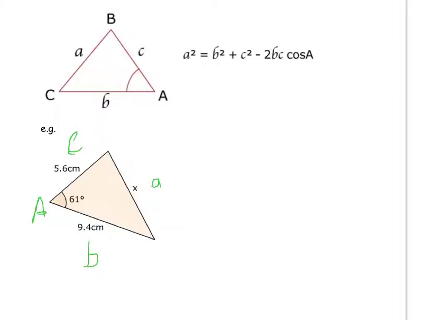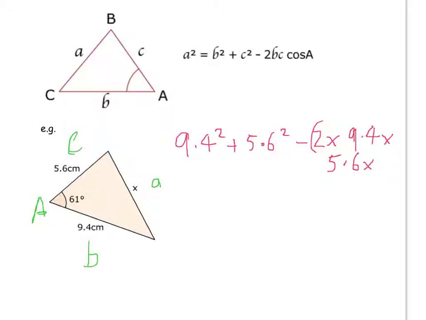So here we go. So our b squared is our 9.4 squared. Our c squared is our 5.6 squared minus 2 times 9.4 times 5.6 times cos of the angle, which is 61.